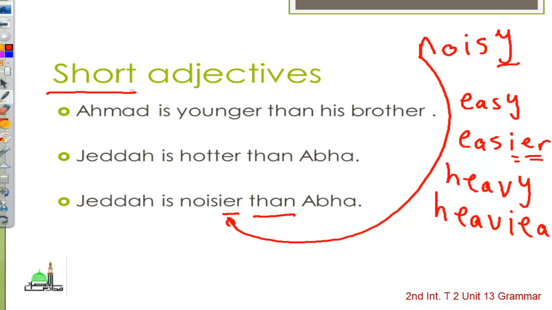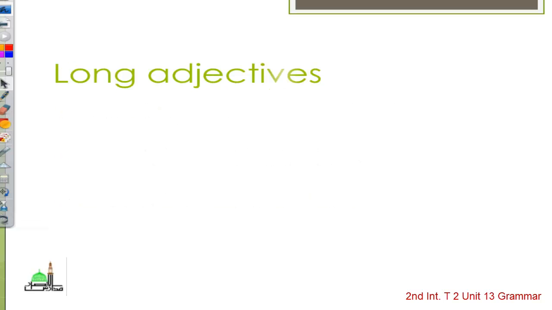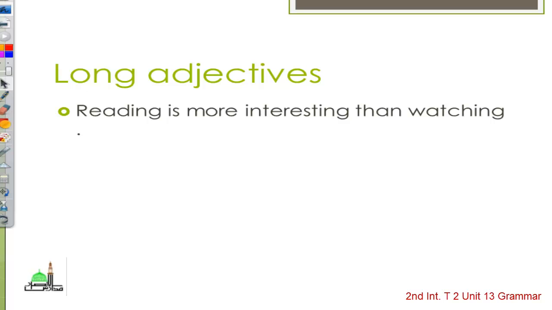Now, let's go to another kind of adjectives. What is it? Yes, long adjectives. Like what long adjectives? The adjectives which have more than one syllable, like expensive, like interesting, like dangerous. Look at this example.